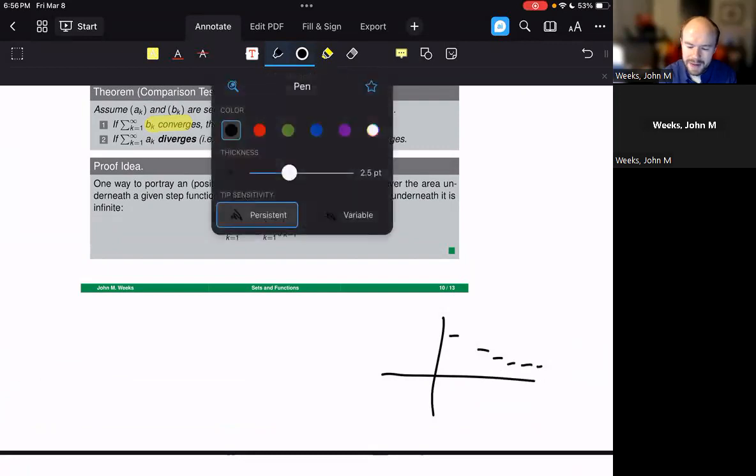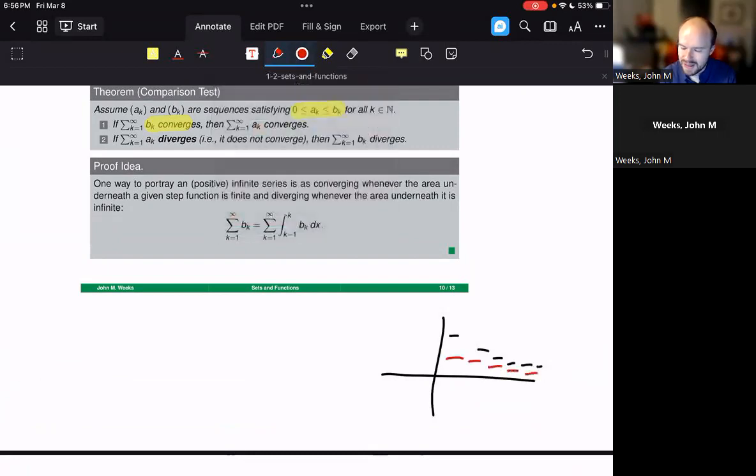Well, what happens if a sub k is smaller? Then the sum of each of those values is going to be even smaller than the sum of the original values that I had. And so that's going to tell me that the smaller part should also converge. Notice that this non-negativity constraint is important because if I allow my values to grow just smaller than b sub k, then the area that's underneath here may not give me exactly what I'm looking for. It may not give me what I need.